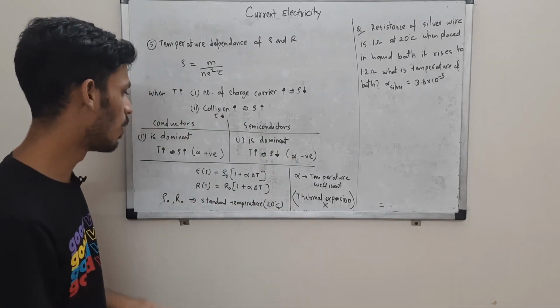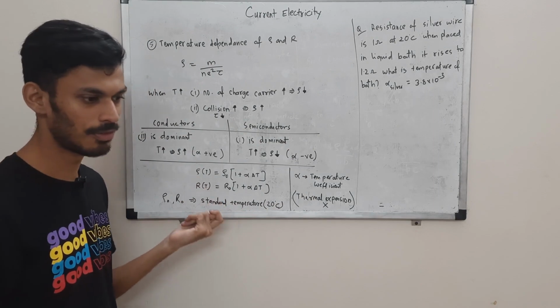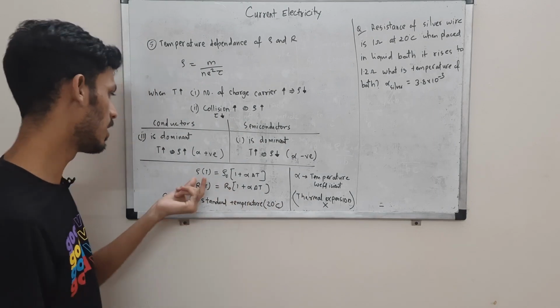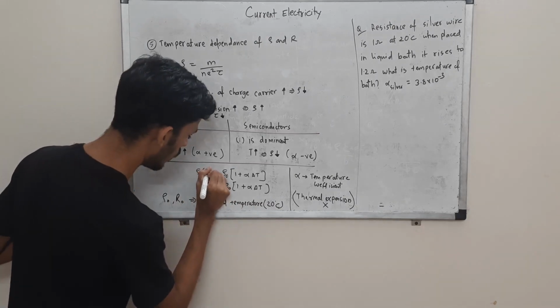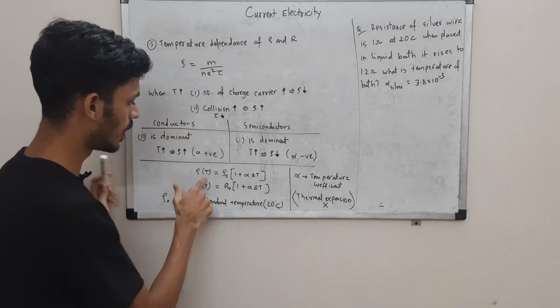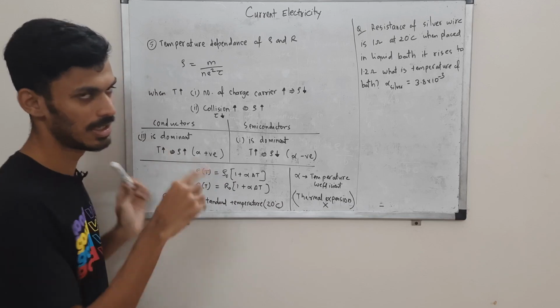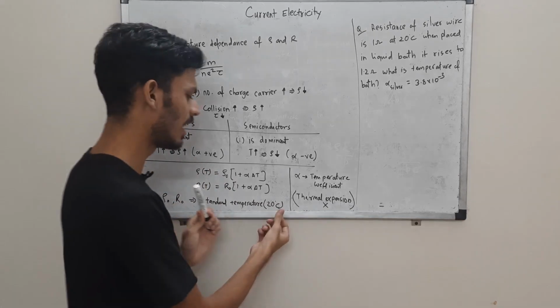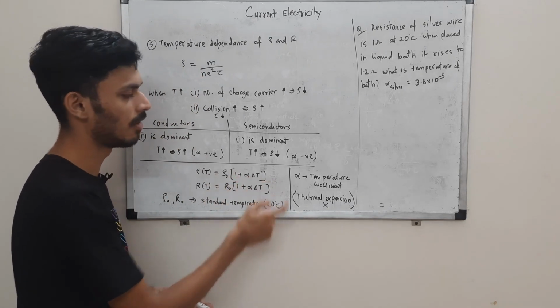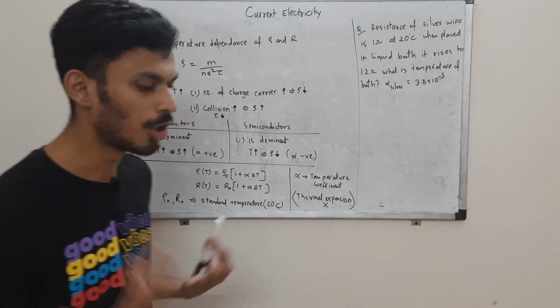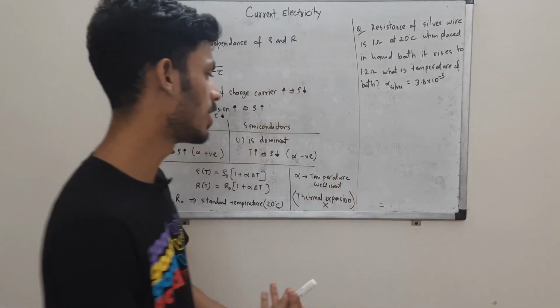Now the relationship for the temperature dependence of resistivity at a particular temperature T. If you want to find resistivity at a particular temperature T, you should know resistivity at a standard temperature, which we usually take as 20 degrees Celsius, times 1 plus alpha T. Now alpha is the temperature coefficient constant.